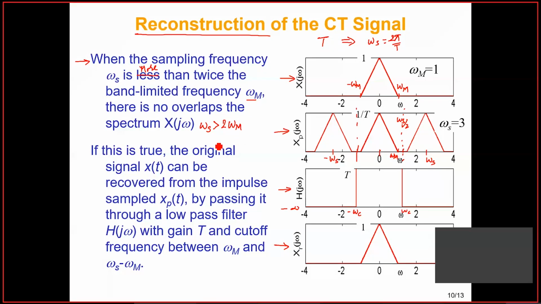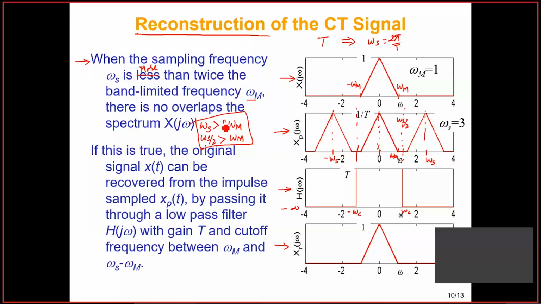If half the sampling frequency is greater than omega m, then the copies are not going to overlap. We are going to get very clean copies, and once the impulse sampled signal is obtained, in the frequency domain you will see very nice clean copies of frequency contents which do not overlap.